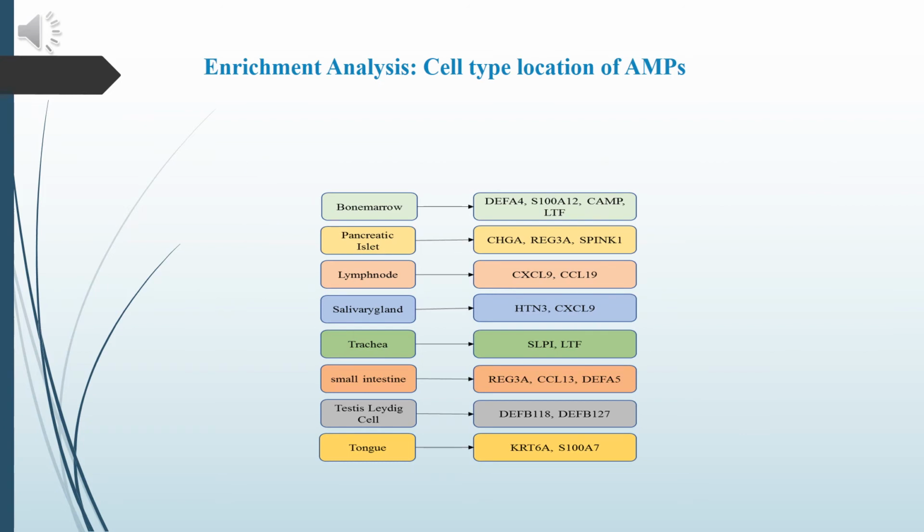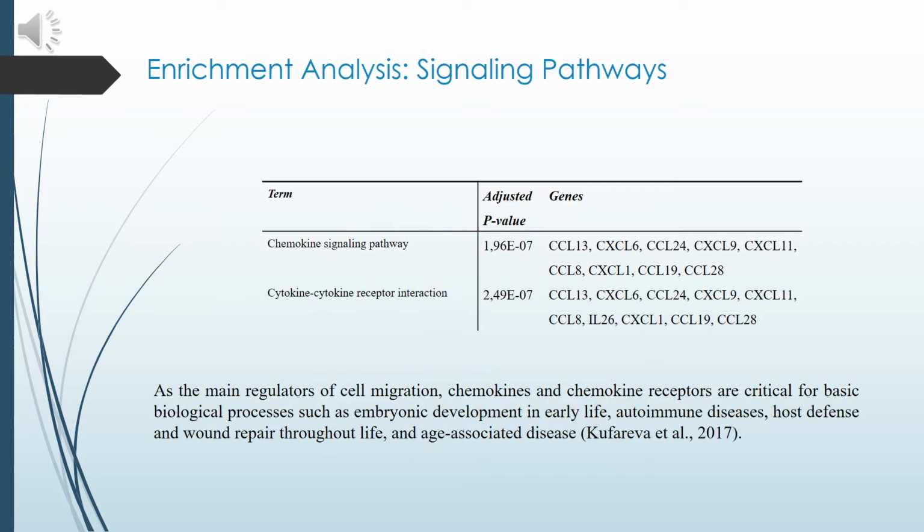Enrichment analysis was done to obtain information about the AMPs. For instance, here you can see the cell type locations of AMPs. Some of them are in bone marrow, some of them are in salivary glands, some of them are in small intestines, and some of them are in tongue. Here you can see the signaling pathways associated with the AMPs.